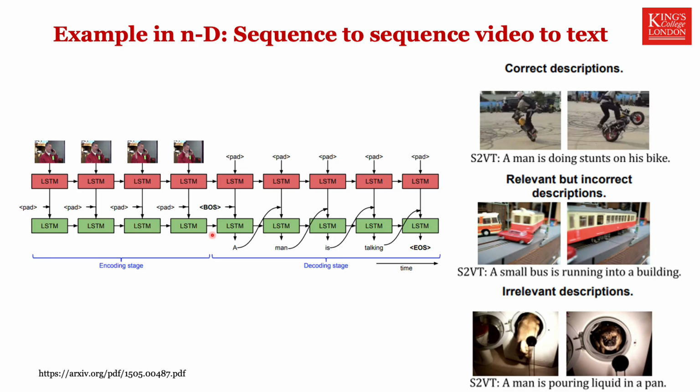For example, in this specific setting, we want to have a network that, given a video stream, is able to then generate a sentence or a caption describing what was happening in the video. So we're showing the video to the network, we're giving it to this red LSTM, and then it gets to a point where the video finishes, and we now want to predict this word, the sentence here saying, a man is talking blah, blah, blah on the phone, for example.